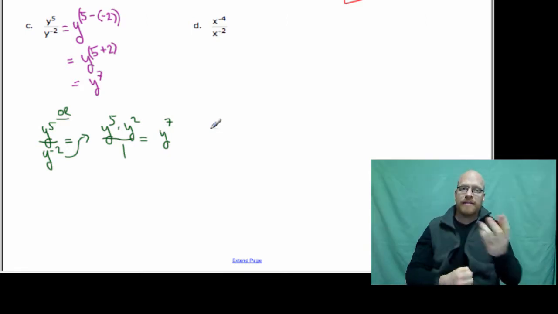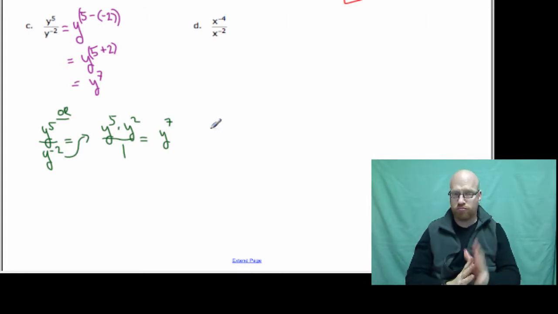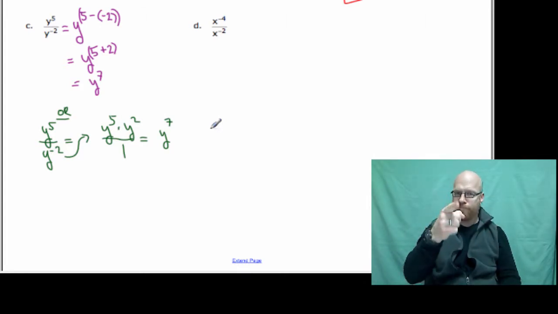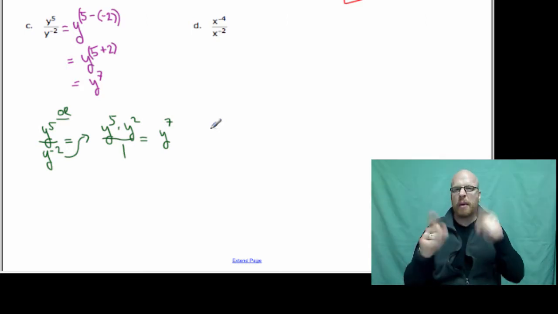Either way is just fine. The more we learn the rules, the more we know we can work different ways to get the same answer. D. Okay, now we have x to the negative 4 over x to the negative 2.